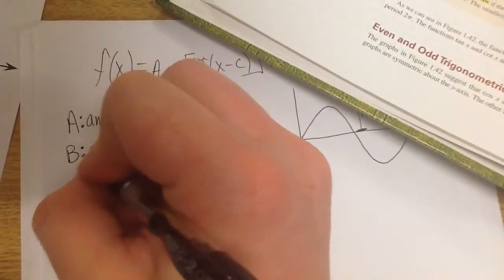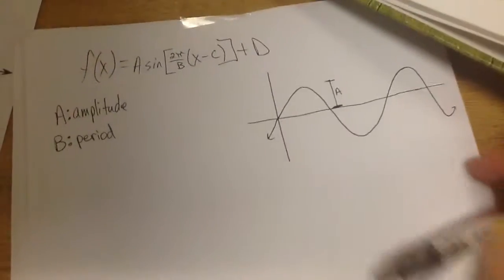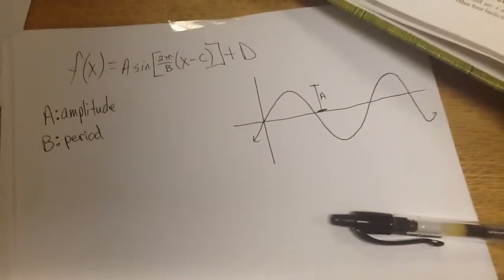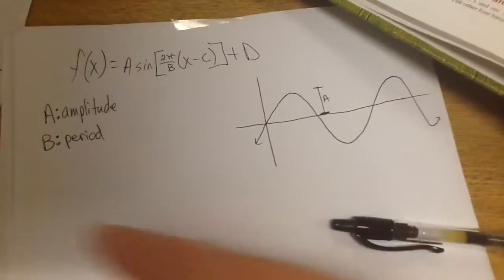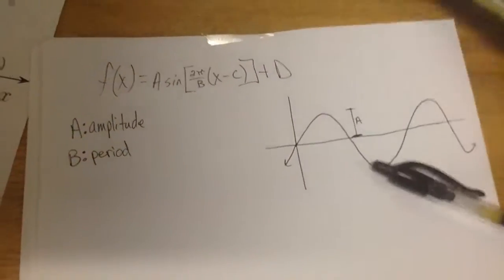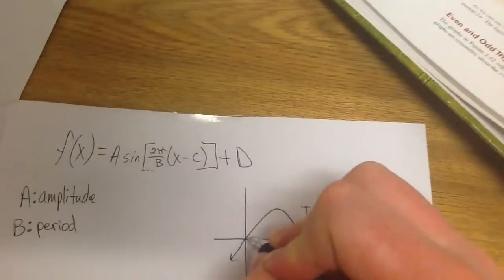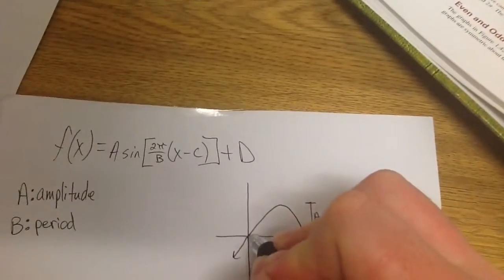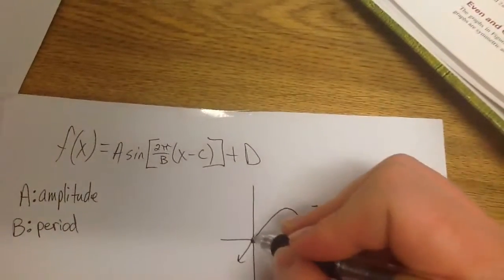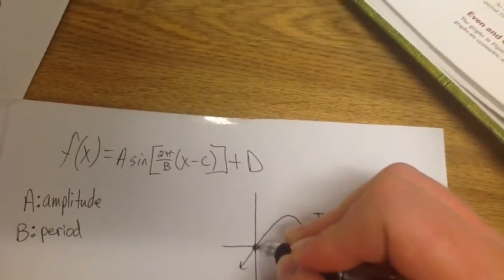B determines your period. These are called periodic functions, meaning they repeat. Periodic is something that happens every so often. The period is how long it takes to repeat. So let's say we start at 0, well, no, I shouldn't start at 0 because that gets confusing.